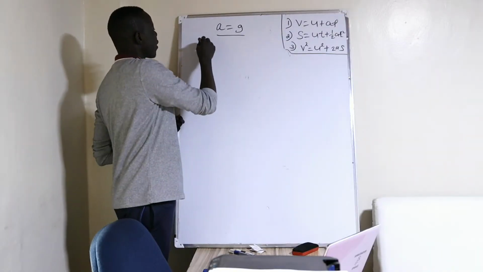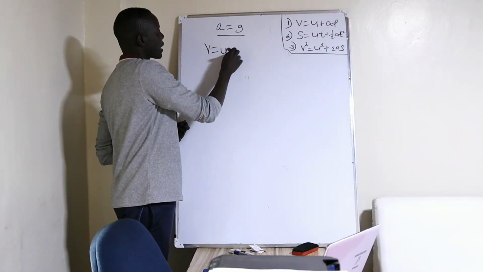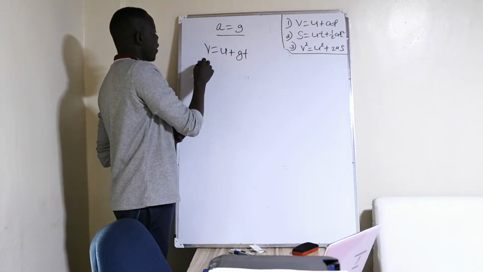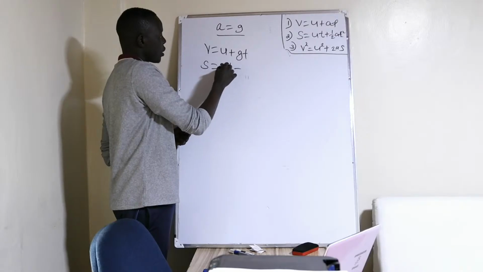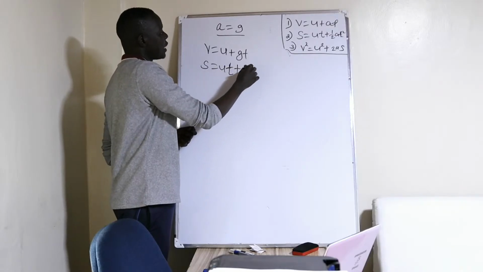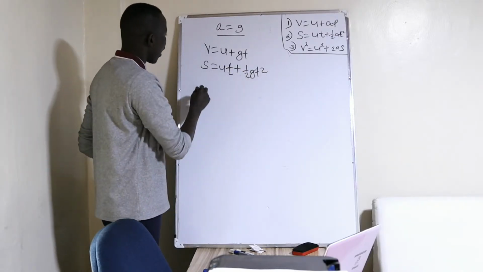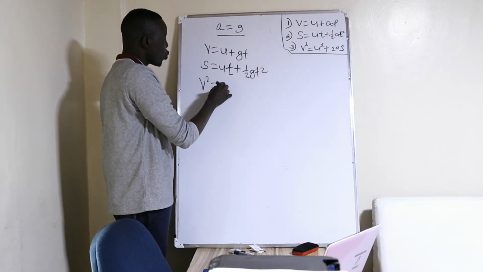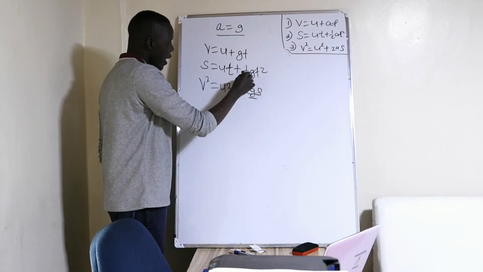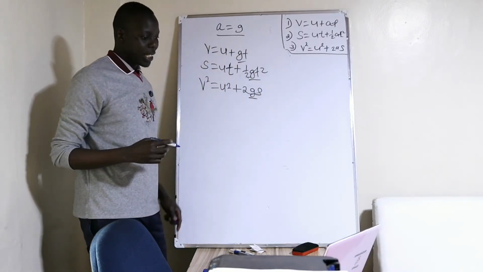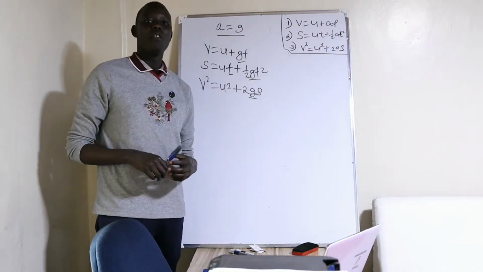So I will just have this, V = U + GT. I will have S = UT + half GT squared. Ya mwisho, I will have V squared = U squared + 2GS. Where we have A, nimeweka nini? G. That is for an object falling down freely.